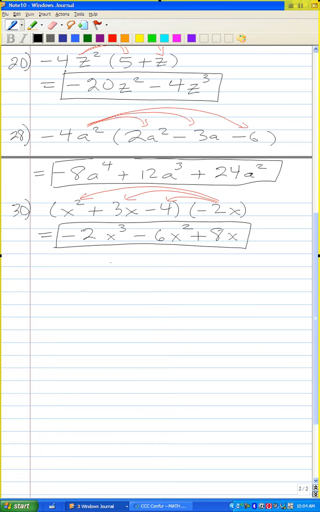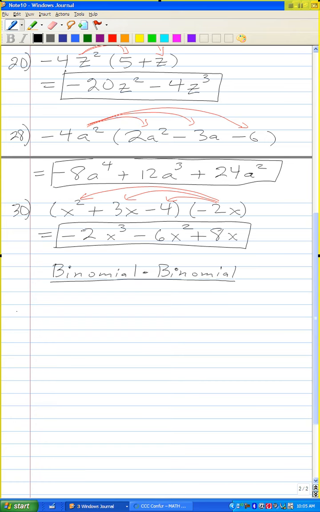Let's do binomial times binomial. And again, we'll be using distributive property.